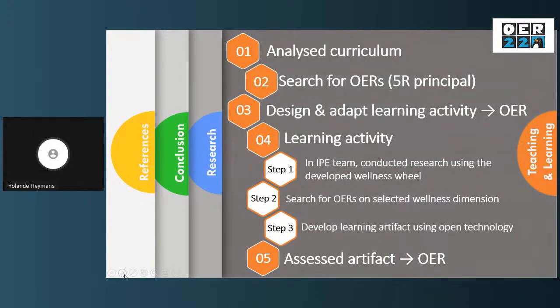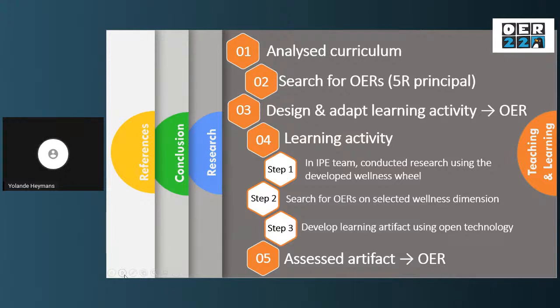The first thing that we did in our teaching and learning is that we analyzed the curriculum. And then by analyzing the curriculum, we looked for a topic where we can introduce these open educational practices. After identifying a suitable topic, in this case the dimensions of wellness, we then applied the 5R principle to open educational resources, which is to see what we can reuse, retain, revise, remix, and redistribute.